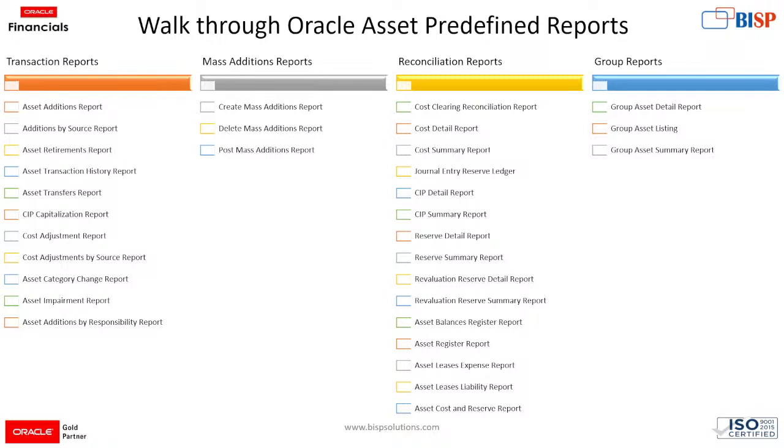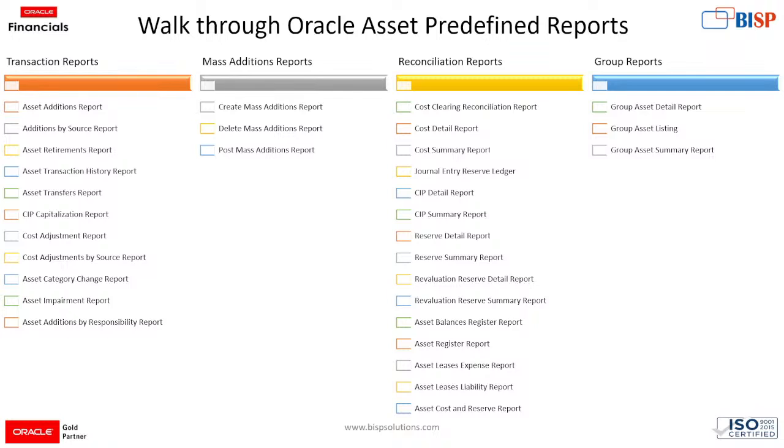CIP capitalized report, a list of CIP asset capitalized during the specific period, sort by and grouped total of each balancing segment and CIP cost account, cost center, and asset cost account. Cost adjustment report.